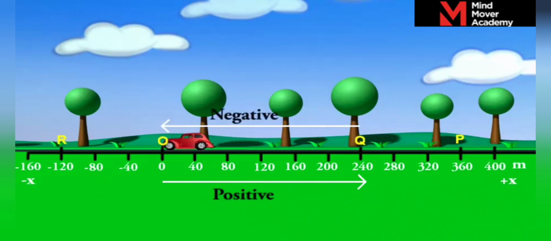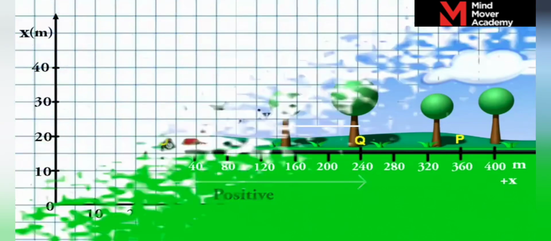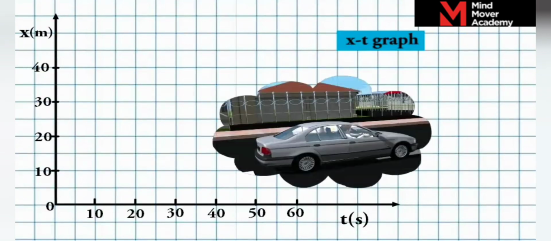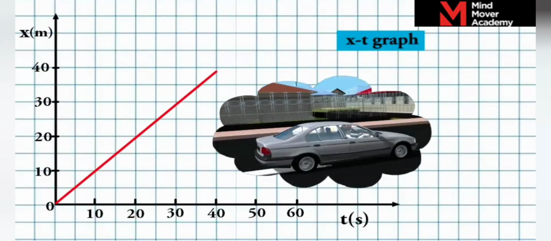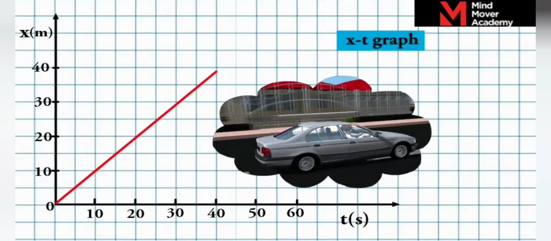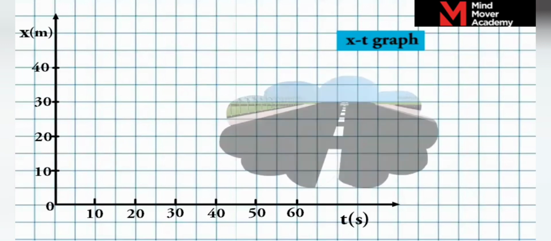It is 0 if the displacement is 0. Here you can see an x-t graph for an object moving with positive velocity. Moving with negative velocity.